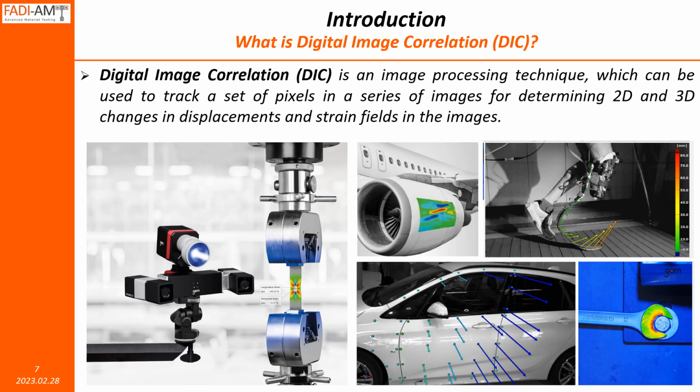This technique can analyze those images and spit out the displacements and the strain fields in those images. There are a few examples of the application of DIC technique given on this slide, and we'll go into further detail in the upcoming slides.